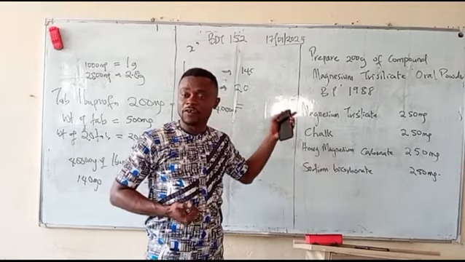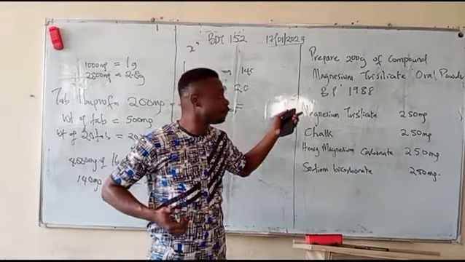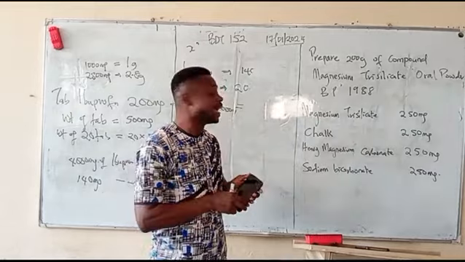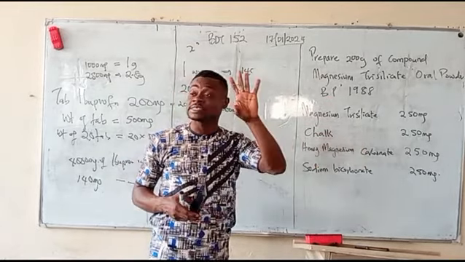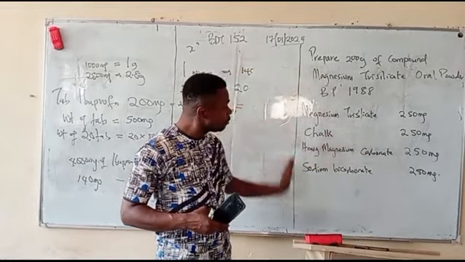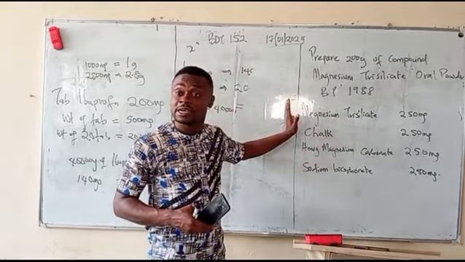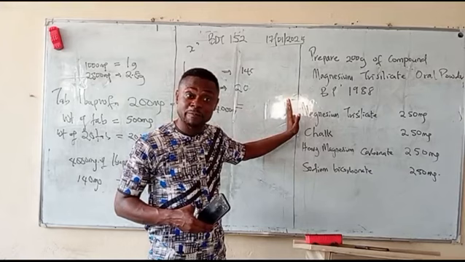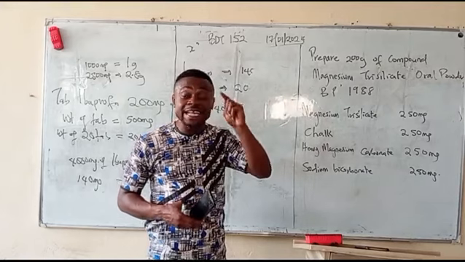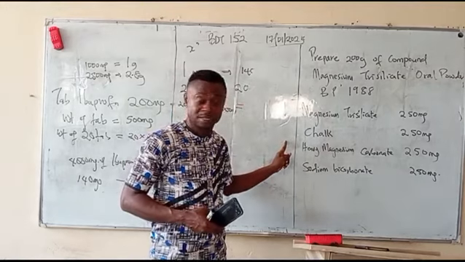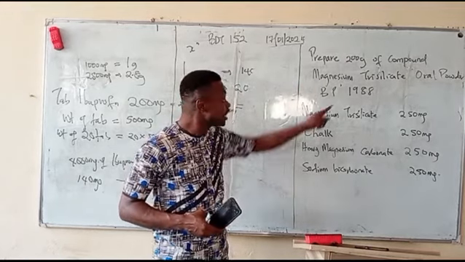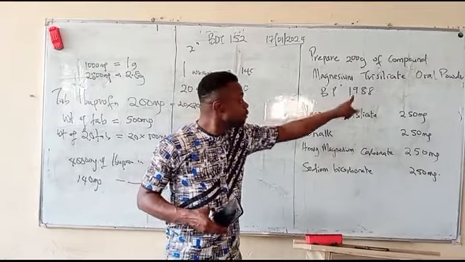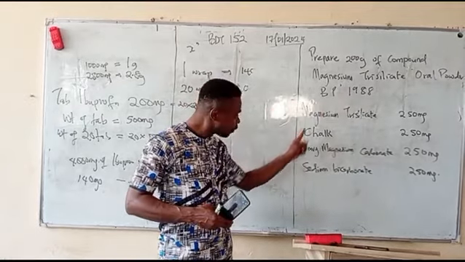The formula of a formulation contains the ingredients and the amounts as stated in the official book. This is an official preparation, remember when we discussed it in the first semester practical. Because this was taken from BP 1988. So this is the formula.